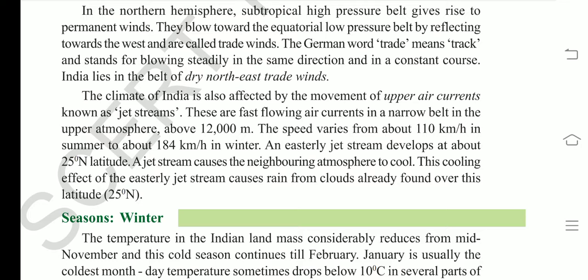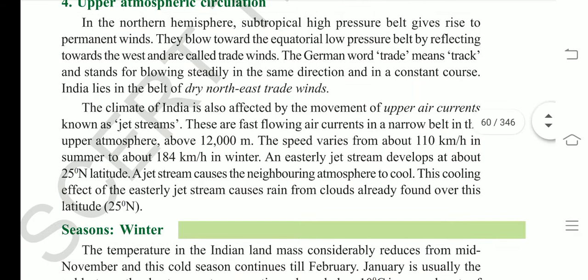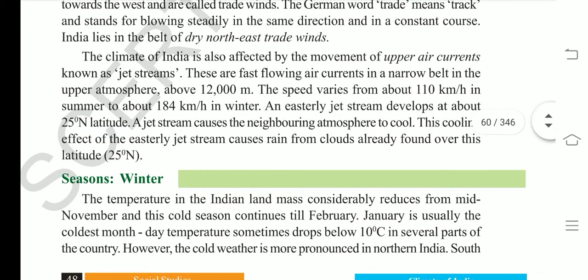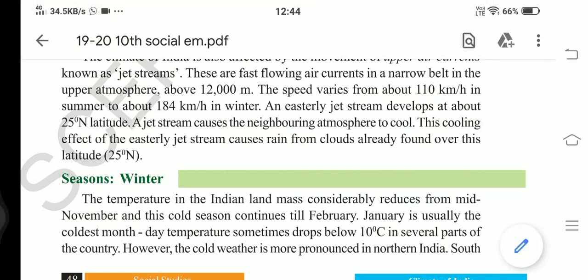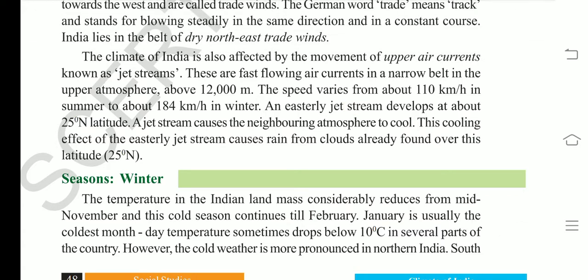Jet streams are fast flowing air currents, generated at 25 degrees north latitude, and at this latitude these jet streams will reduce the temperature of the neighboring places, my dear students, so that the neighboring places at 25 degrees latitude will be affected by the jet streams.